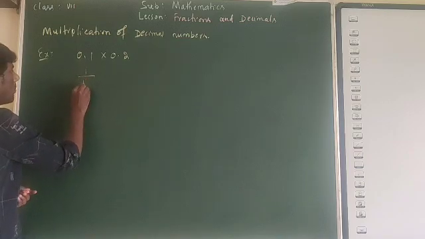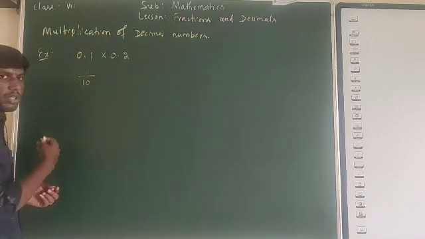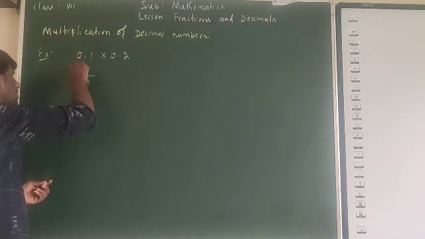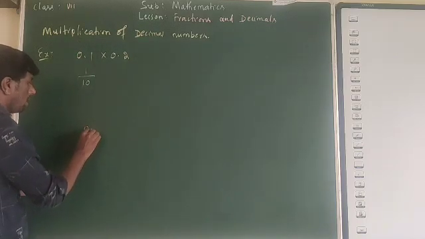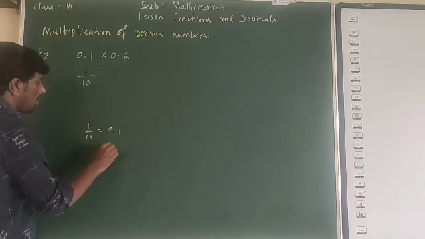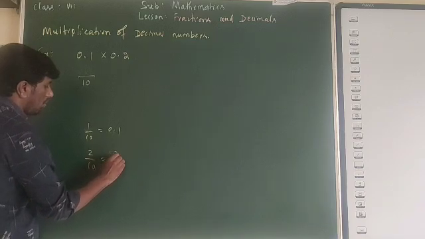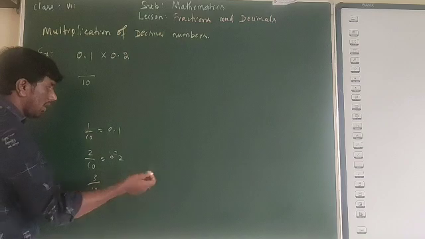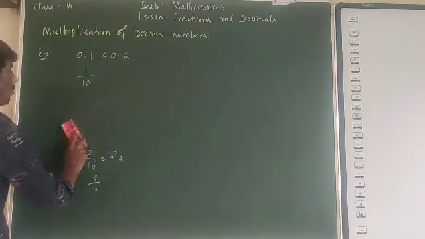We know that it is 1 by 10. 1 by 10 is nothing but 0.1. 2 by 10 is nothing but 0.2. 3 by 10 is nothing but 0.3, like that.